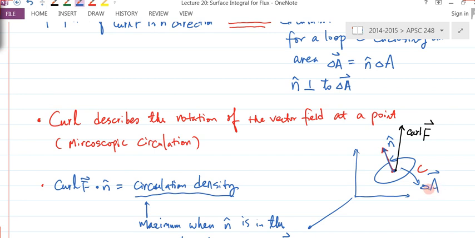The magnitude of this delta A vector is the area enclosed by C. That's the relationship between those symbols here.